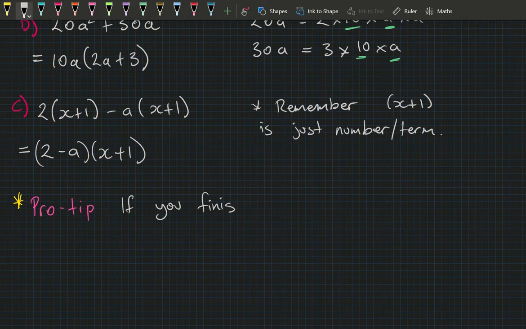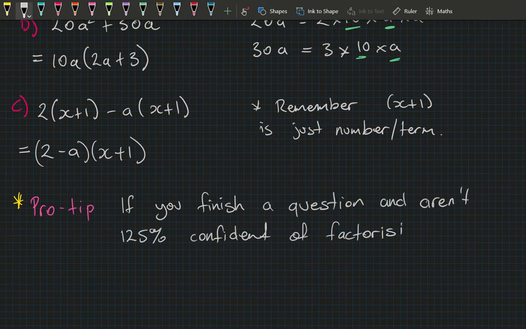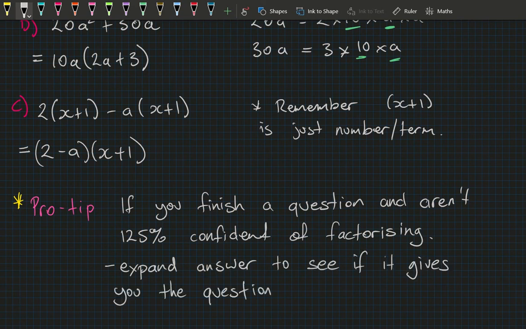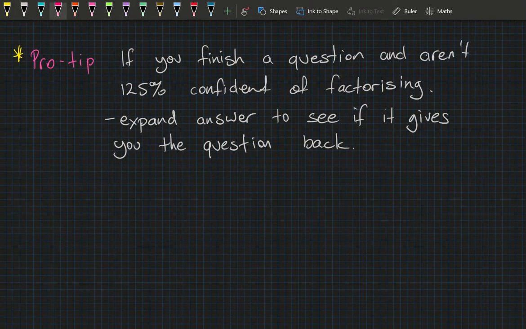And that is, if you finish a question and you're not 125% confident of your factorising, well, just expand your answer and see if it returns you to the question. So let's do that with each one of these examples. So for question A, we ended up with minus 3 times (x plus 4).